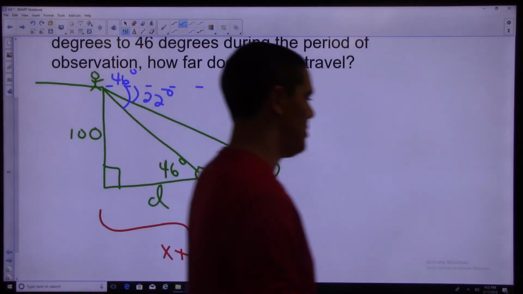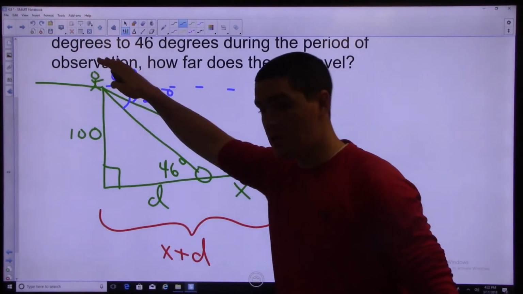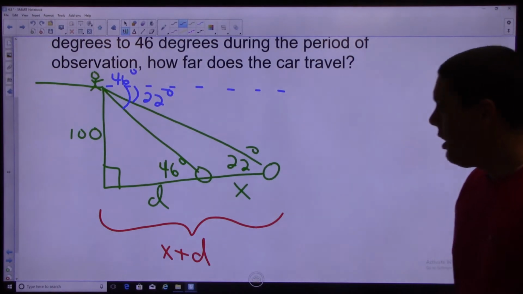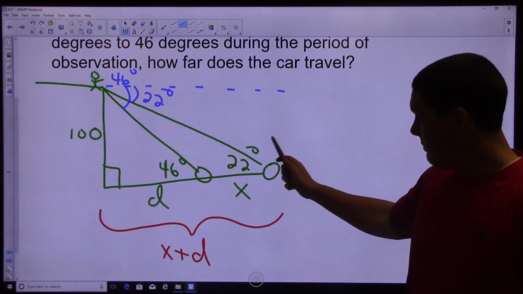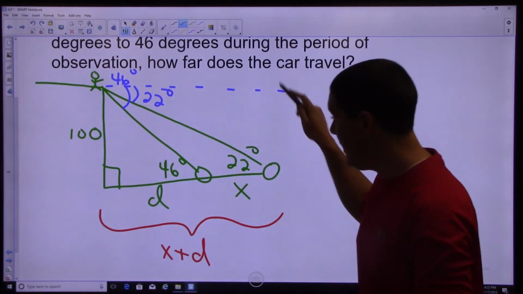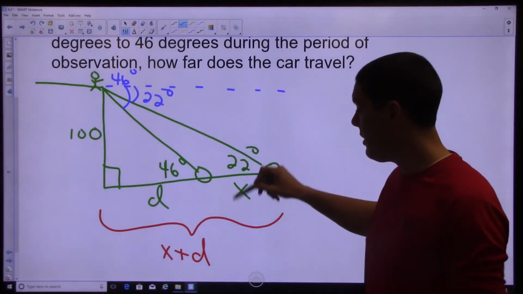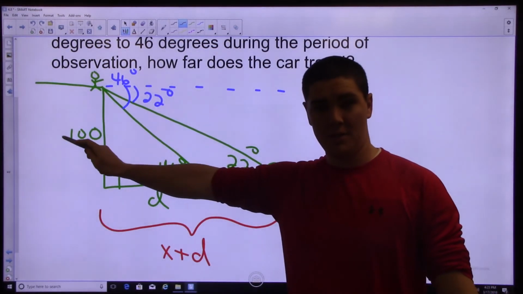Alright, so here we go. Let's try to set up a ratio now. Let's look at the big triangle first. Let's try to figure out what x plus d is, this whole thing. Which trig ratio should we use? If I'm looking at the big triangle, I need to look at this angle right here, 22. That's one of the angles of the big triangle. If we use that angle, we know the opposite, don't we?